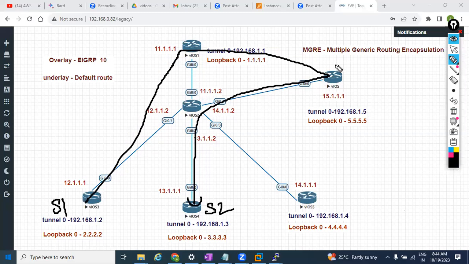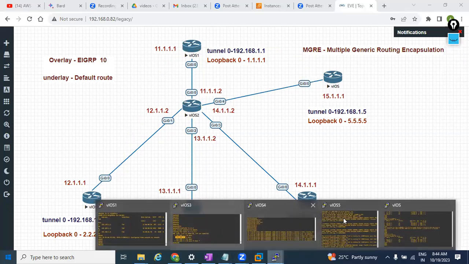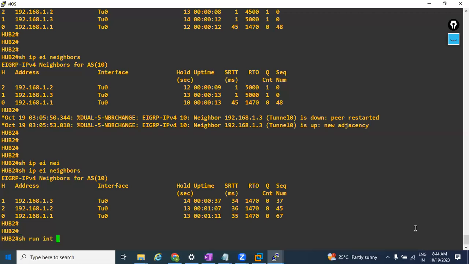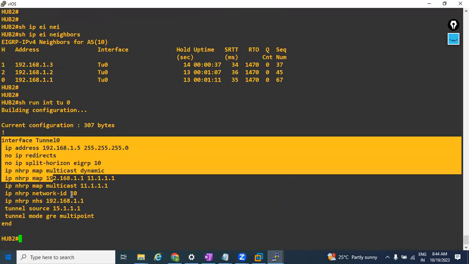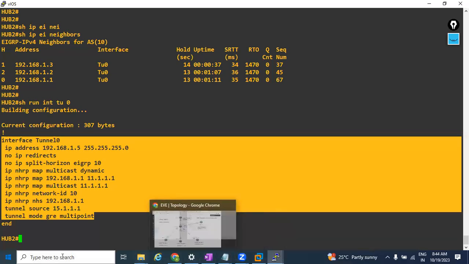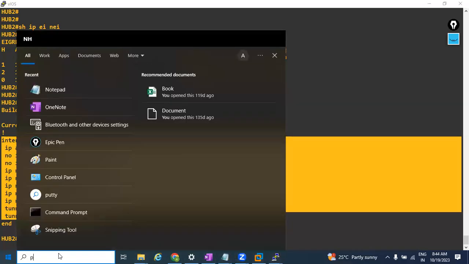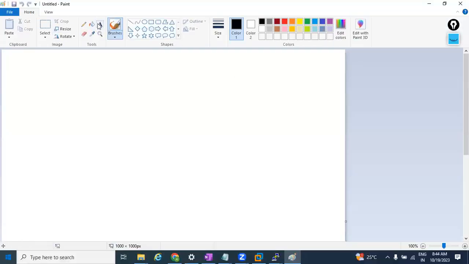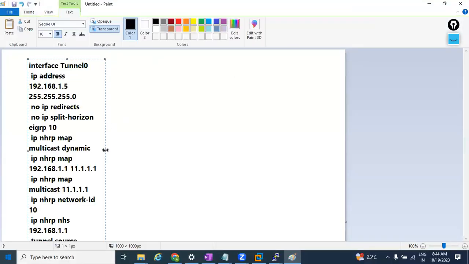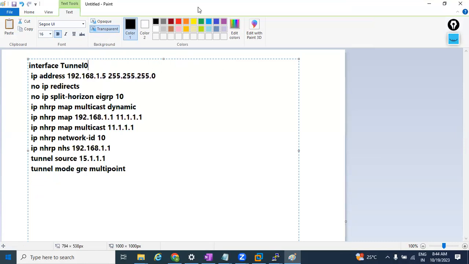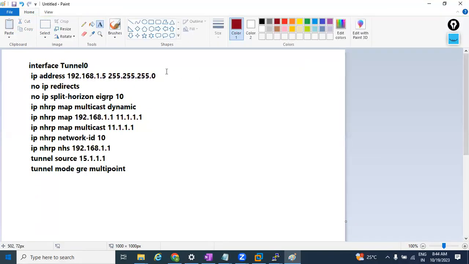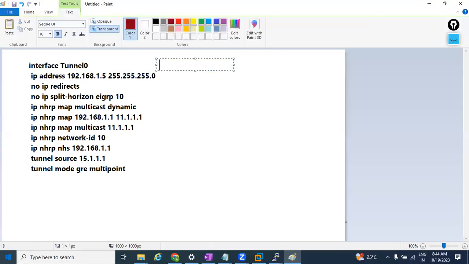Okay, what are the commands needed here? If I show you in the command field, show run interface tunnel 0. These are the commands. And how is it going to help? So see, yesterday we already discussed all the commands. So today there is no extra or new special command. This is to create the interface. Okay, this is the IP address of the tunnel interface, right?